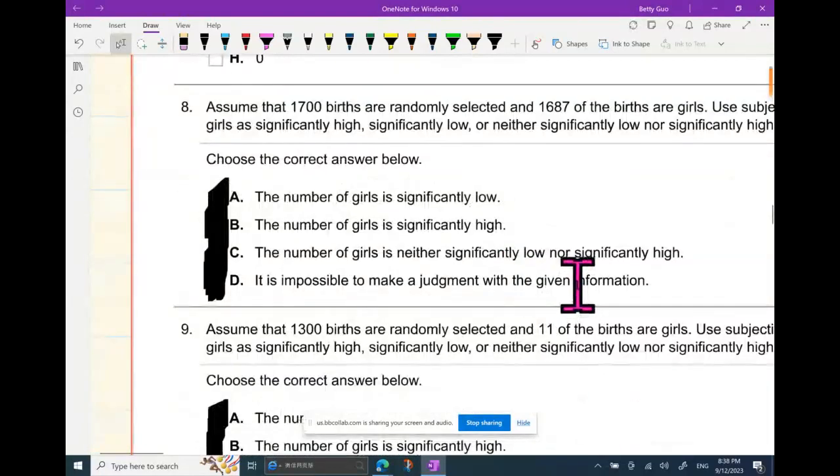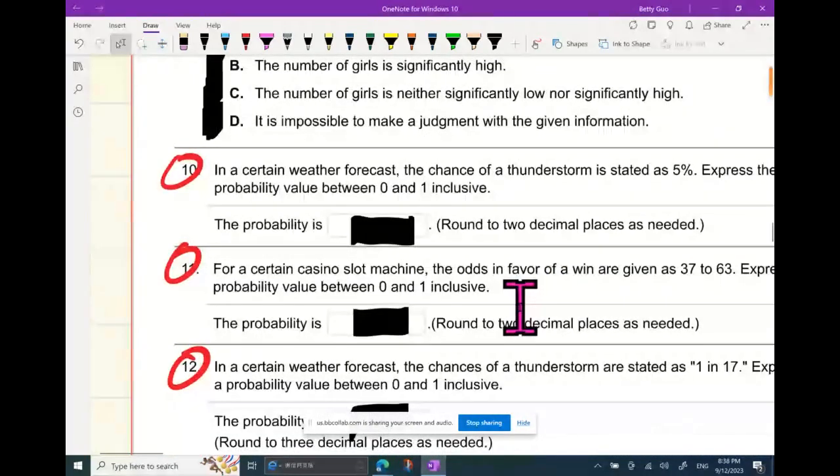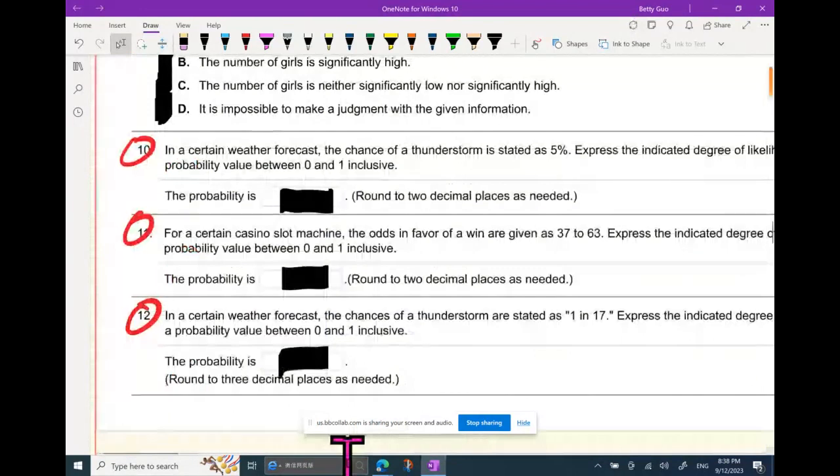And we do have to find some problems where we actually compute the value. Let's see, do we have any classical model here? When we see a casino, all the games in a casino are classical models. Let's look at number 11.